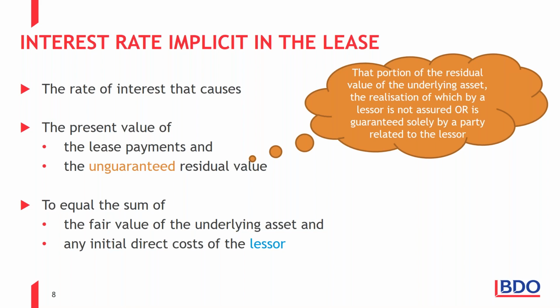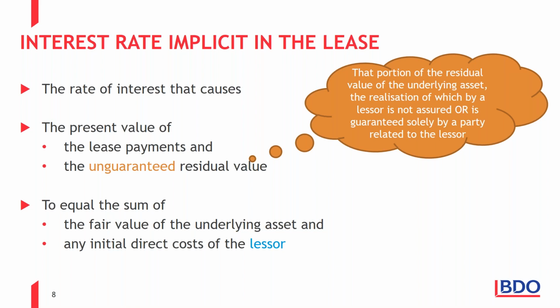Now, if you look at that, I've highlighted two aspects. The one is that unguaranteed residual value, which I've put in yellow. And the other is the initial direct costs of the lessor, which I've put in blue. That was not a slip. That was intentional. Those are the two aspects that the lessee often cannot assess easily, may not have access to the information, which could make it difficult to do this assessment.